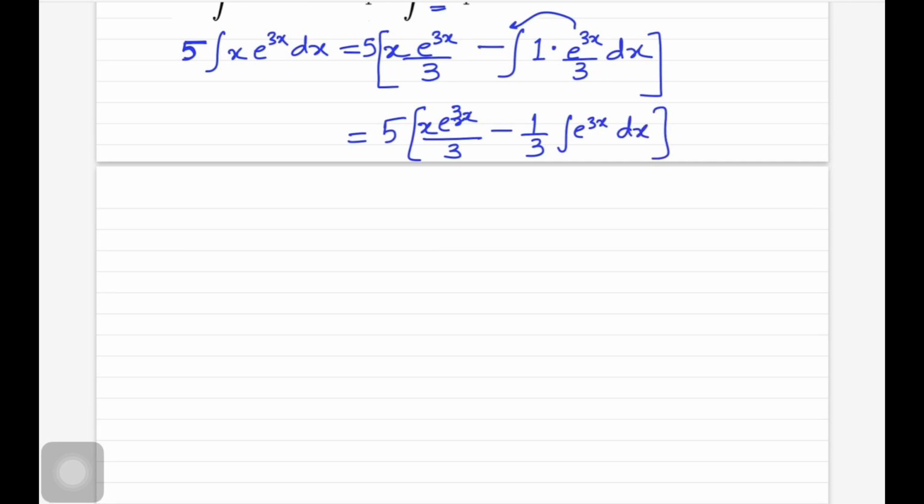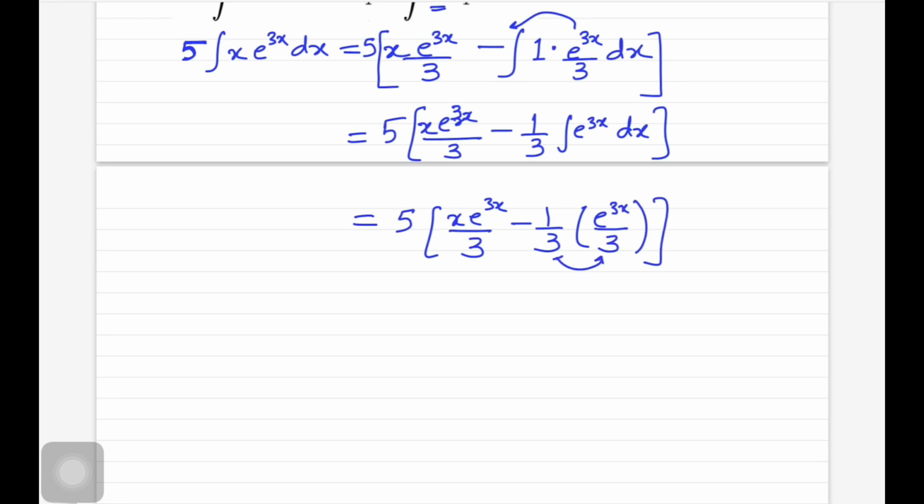Again, the integration of e to the power 3x will be what? It will be e to the power 3x over 3 again, right? So we are going to write this integration answer. Lastly, what we can do is multiply the denominators, and that is 9 e to the power 3x.